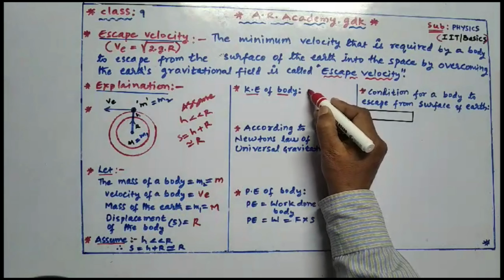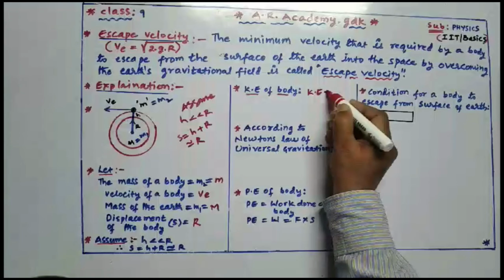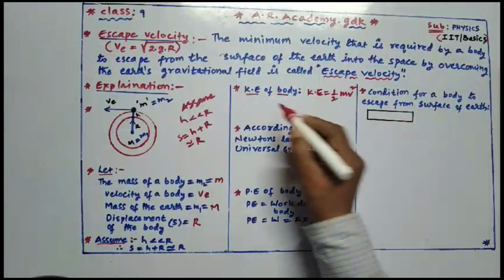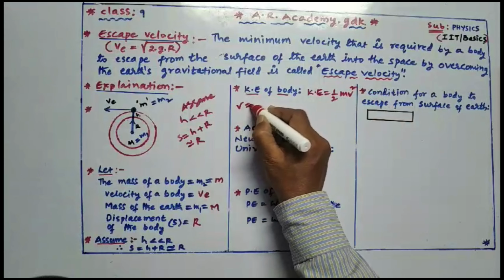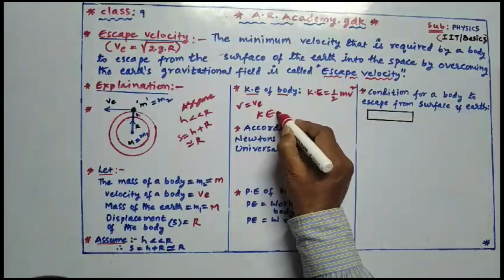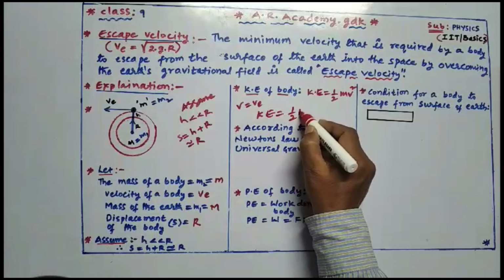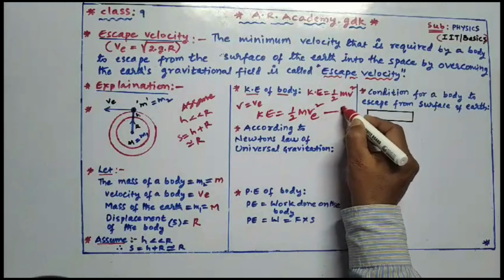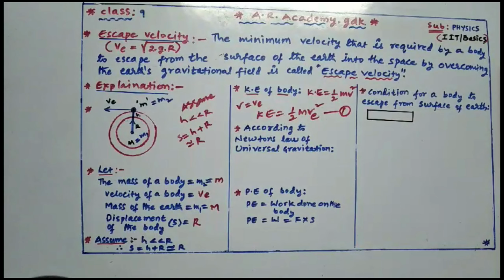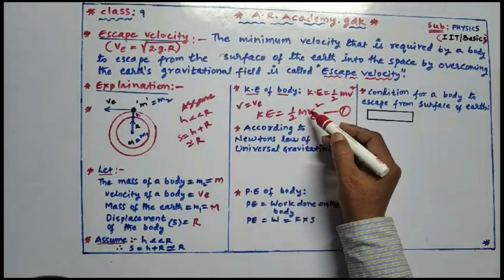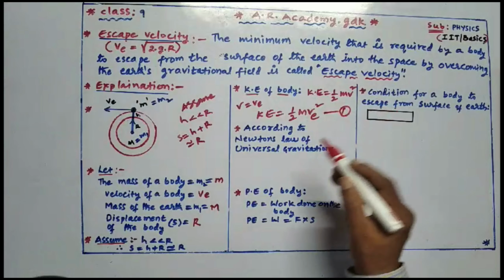Kinetic energy formula you know: KE equals half m v square. But here V equals VE. Therefore, we write KE equals half m VE square. Say this is equation number 1.